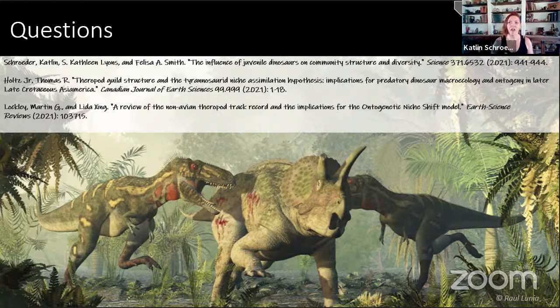We can look a lot at the functional morphology of jaws, doing things like FEA, and that tells us a lot about how dinosaurs might be eating or hunting. It doesn't necessarily tell us what they are eating or hunting. So we do have to rely on those very, very rare trace fossils where we're getting actual tooth on bone. Unfortunately, like I said, they're pretty rare.